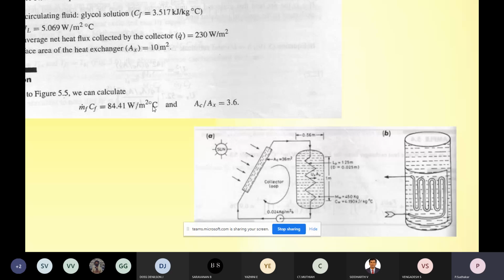M dot f cf. Correct, sir. Okay. This m dot f cf is the heat capacity of the fluid flowing inside the collector. The area of the collector given here is 36 meter square, and the area of the heat exchanger Ax is 10 meter square. So when you divide the collector area by the heat exchanger area, you get the value 3.6.